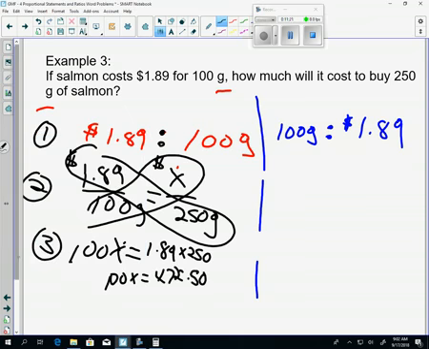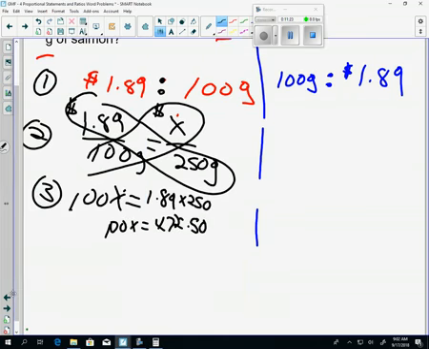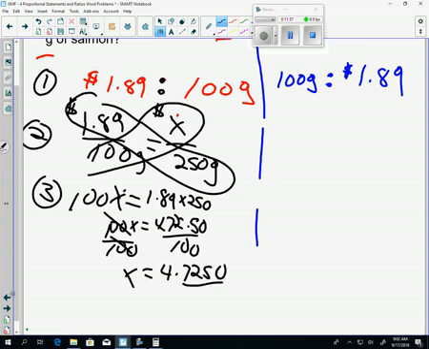But we want to know what x will equal, so we have to divide both sides by 100. 100 divided by 100 is 1, so x will equal $4.7250. We know we don't go into quarter cents. In fact, we don't even do cents anymore. They round up to the nearest 5. But in this case here, we'll round to the nearest penny.